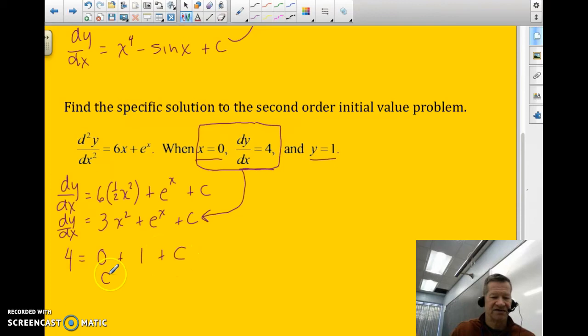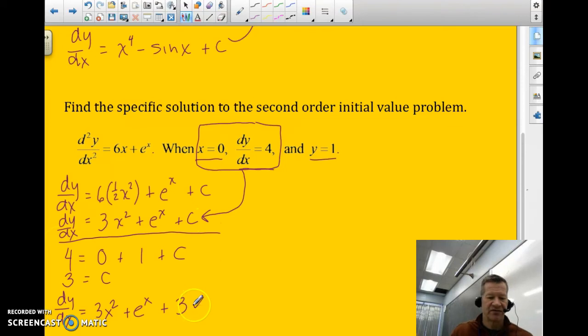So in that case, c would be 3 if I subtract 1 from both sides. So my first derivative, dy dx, now is going to be 3x squared plus e to the x plus 3. Because I now know c is 3, I don't have to write it with a plus c.